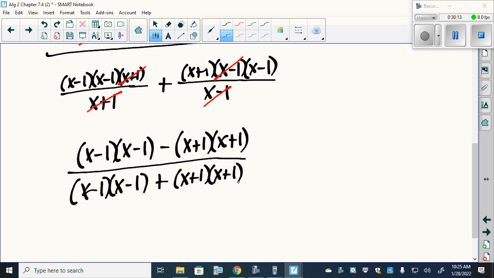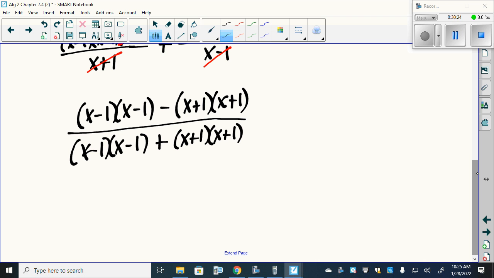So x minus 1, x minus 1, x plus 1, x plus 1. X minus 1, x minus 1, x plus 1, and x plus 1. Now, it would be really nice if it did, but because of the plus in the denominator and the minus on top, they're stuck together. We can't just cross them out.